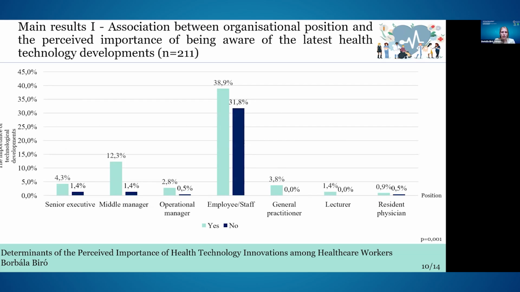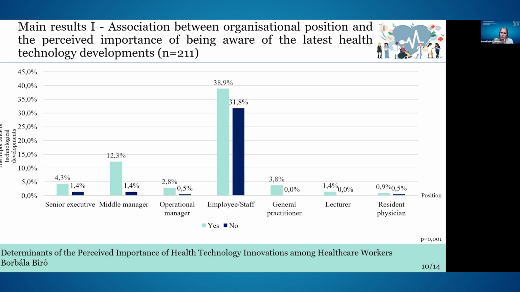Let's talk about the key findings. The following chart illustrates the association between organizational position and the perceived importance of being aware of the latest health technology developments. We can see clearly that organizational position influenced this perceived importance.